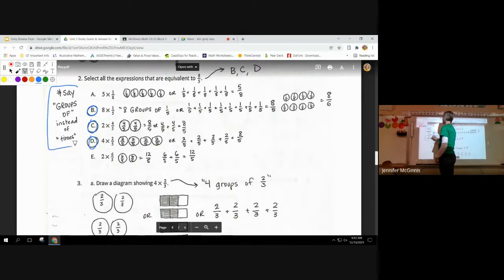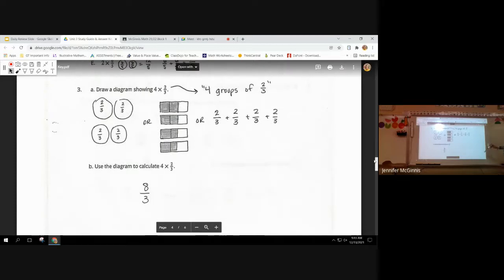I wrote on there, say groups of instead of times to help you understand what you're saying. And then as we go down, I tried to draw multiple diagrams of what I would like this to look like. And I even gave you an extra one with the circles, right? Does that sound good? Yeah.